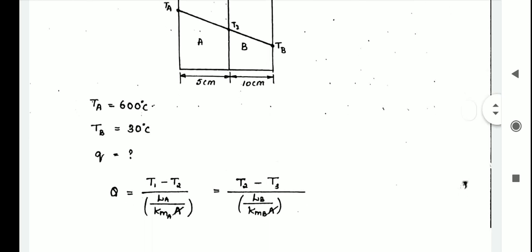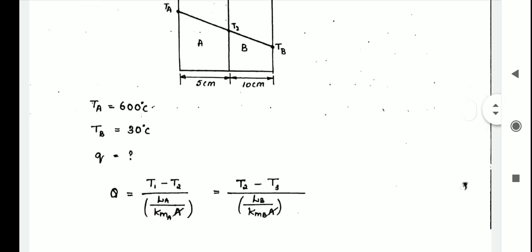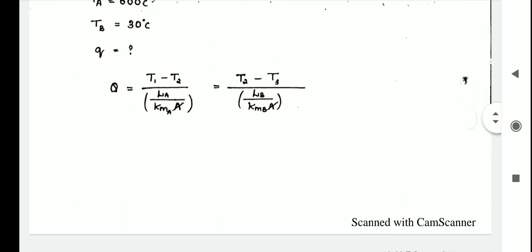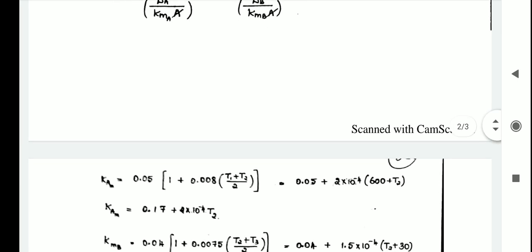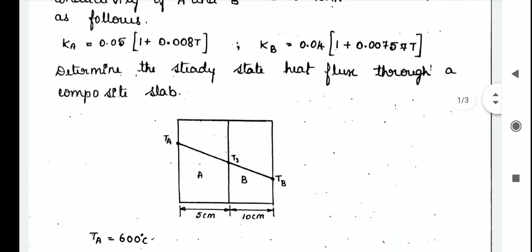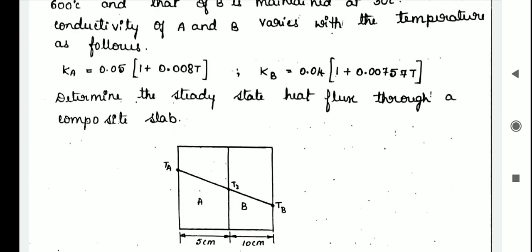For that, Q formula is delta T divided by R, right? For a slab, R is L divided by Ka, right? So first we are finding Ka. In the question, Ka is 0.05 in the bracket 1 plus 0.008 times T, right?